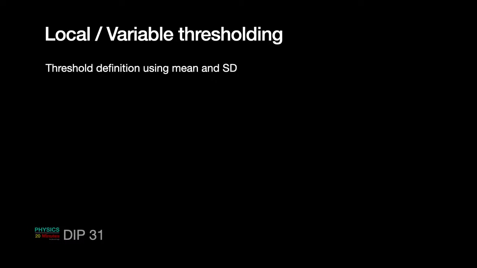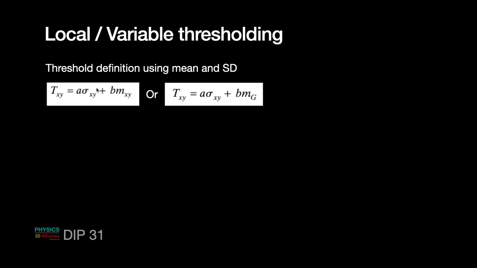As I said, mean and standard deviation are very common. You can take the mean in a given region and the standard deviation, and a combination of the two by using two constants a and b, and define your threshold. If a is 0, you are only using the mean.